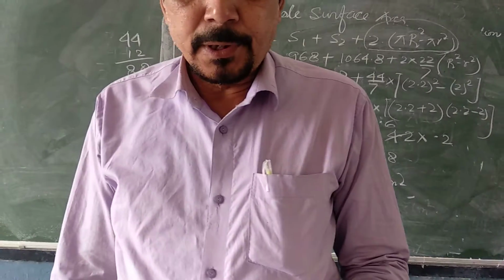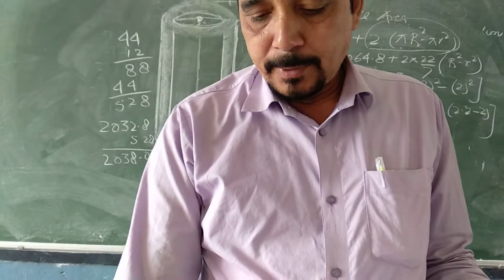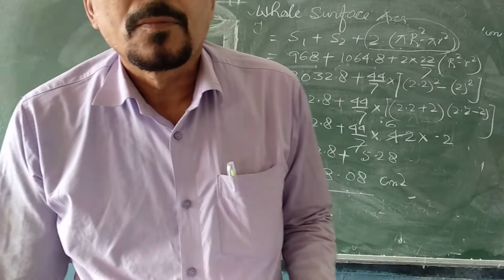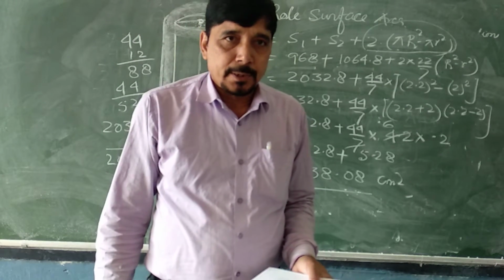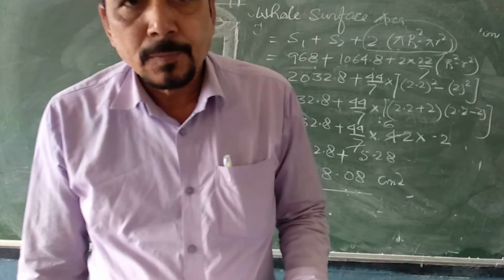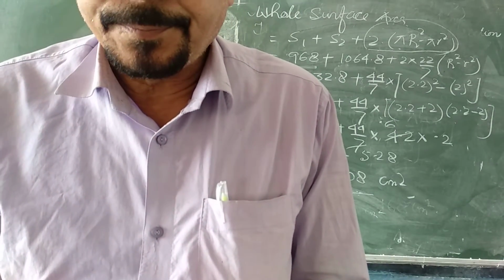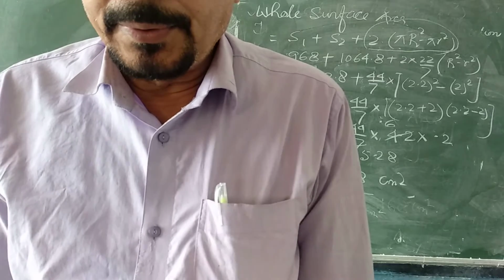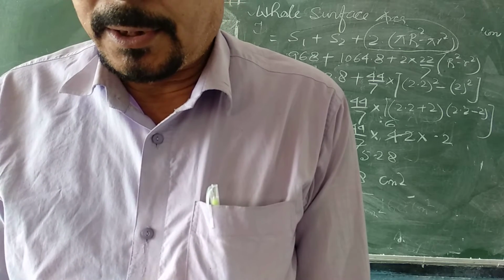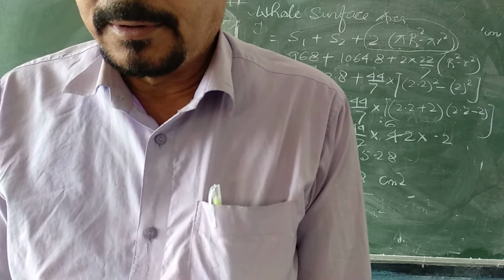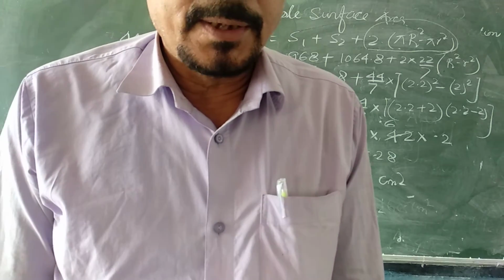Okay, now I am going to start the problems of curved surface areas of cylinder. You know the curved surface area of the cylinder and the total surface area of the cylinder.